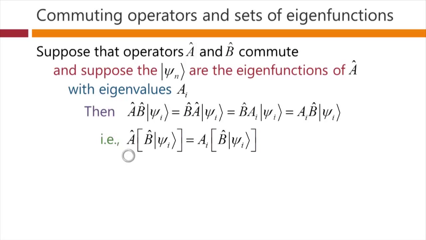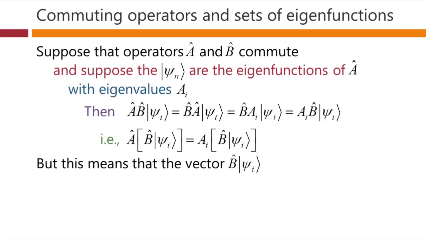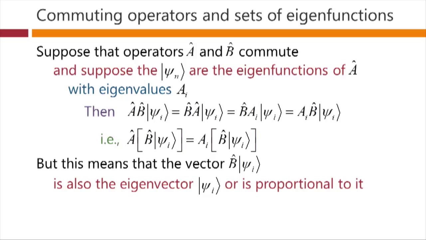So that means that A after B operating on psi I is ai times B operating on psi I. And I put these inside these brackets here. These are not commutator brackets, they're just brackets, to emphasize that this object in here is just a vector. So we have A operating on a vector giving us ai times that vector. But that means that this vector must be the eigenvector psi I, or be proportional to it, because A operating on this vector gives us ai times this same vector.